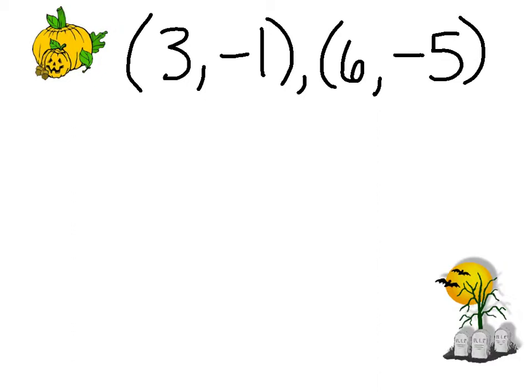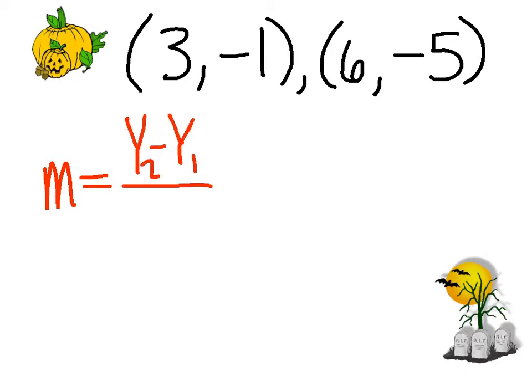For example, problem number 3. When we plug our numbers into this formula, we're going to plug in y2 minus y1 over x2 minus x1. So our y2 is what? Our y2 should be -5.